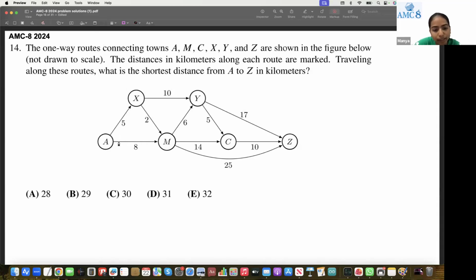And so A to M, how do we go from A to M? Well, we can do A to M. There's 8 here, so it would take 8 kilometers. Another way could be going 5 up and 2 down, which would take 7 kilometers, which is way less than that. So 7 here.